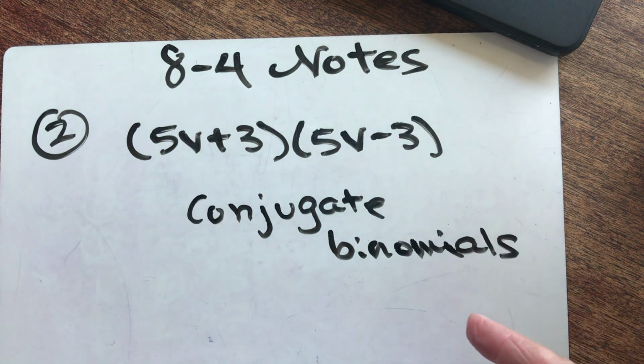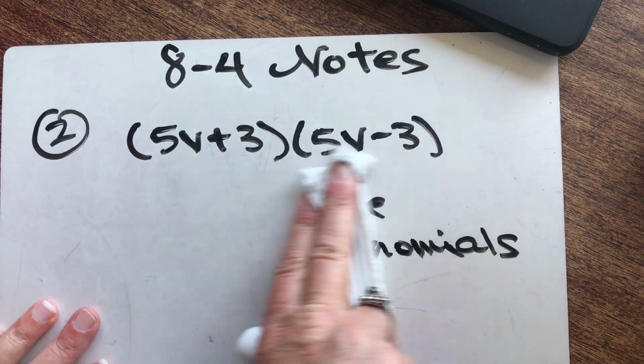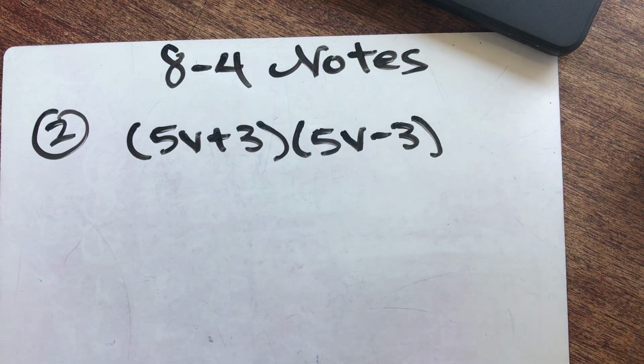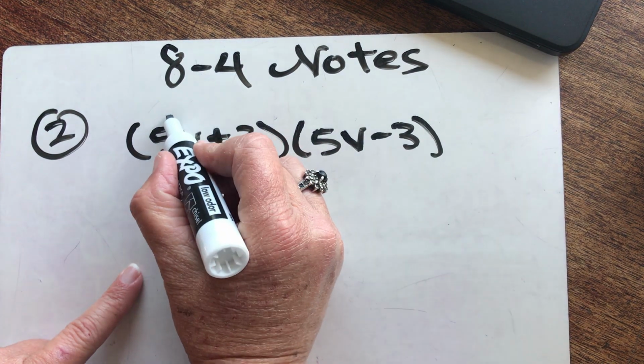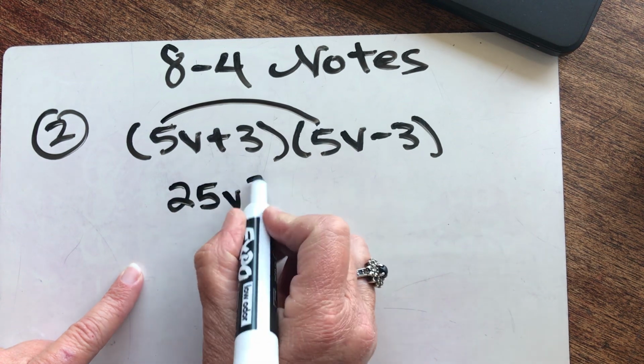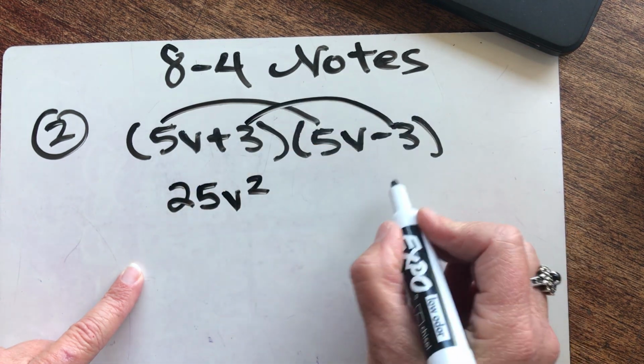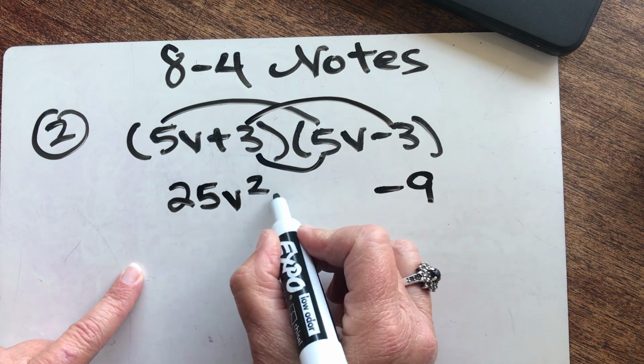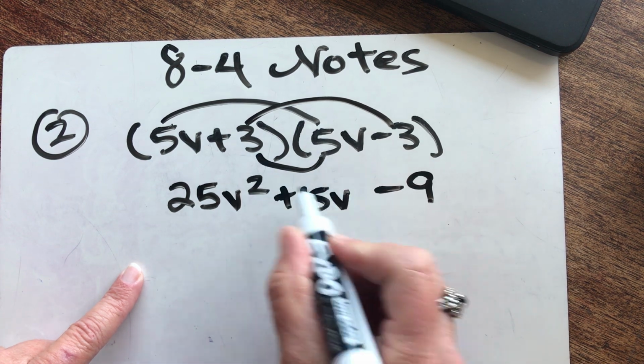I wonder if this time the middle's going to double like we saw in questions 1 and 3. I don't know. Let's check it out. If you want to use Punnett square, whatever technique, again, this is up to you. So here we go. We have 25v in the front, v squared. We have the back numbers, 9. We have the middle, cool beans, looking pretty promising.